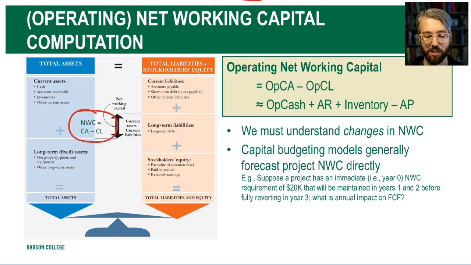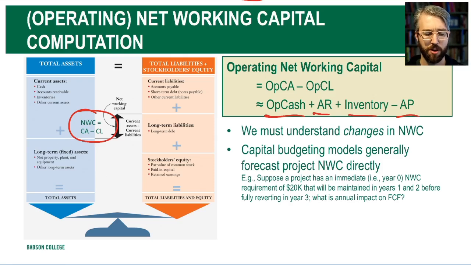So when we calculate these project cash flows, we want to think about net working capital changes. But in particular, we want to focus on the operating piece. Basically, that means we're going to want to think about how much cash a firm is going to need in order to operate the project, how much AR it's going to have when the project is getting operated, how much inventory they're going to need to operate the project, and then subtract off accounts payable.